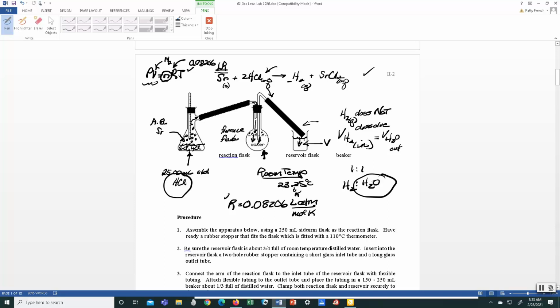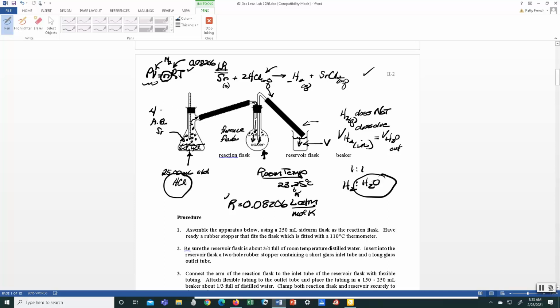If we use a graduated cylinder, even that's not accurate enough, because we should be making over 100 milliliters of water. So this would have to go into a 250 graduated cylinder, and actually we don't have enough of those for all of you, and it doesn't have enough sig figs.